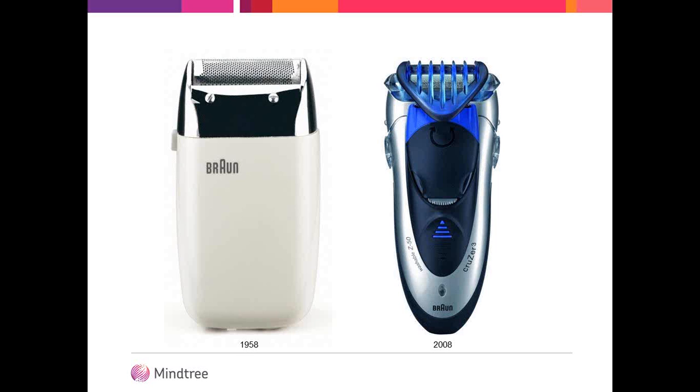The other shaver might be more technically advanced than the previous version, but you can see that the control, the form factor, the size, the sheer look and the feel of the product are much more complex, as opposed to the product on the left-hand side.